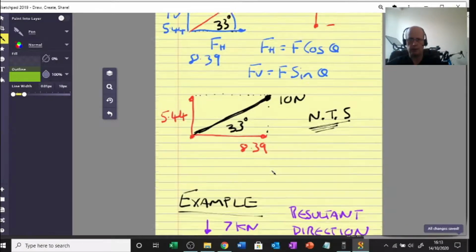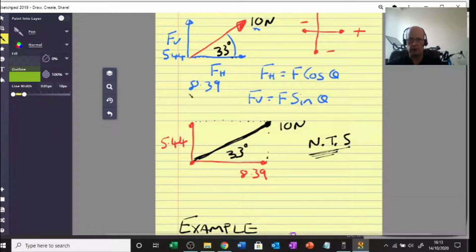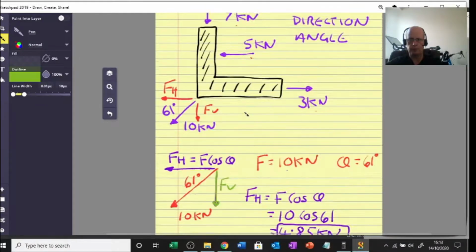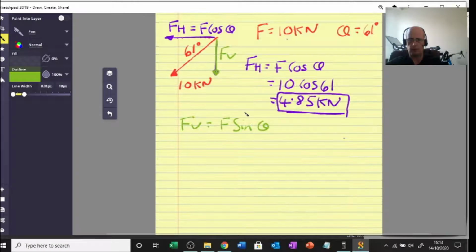Just like up here, look. Everything going up or down is going to be sine. Using the angle from the horizontal and the force. I know that F is 10 and the angle is 61 again.